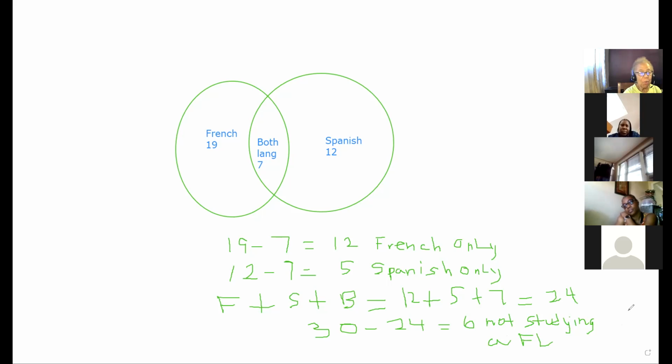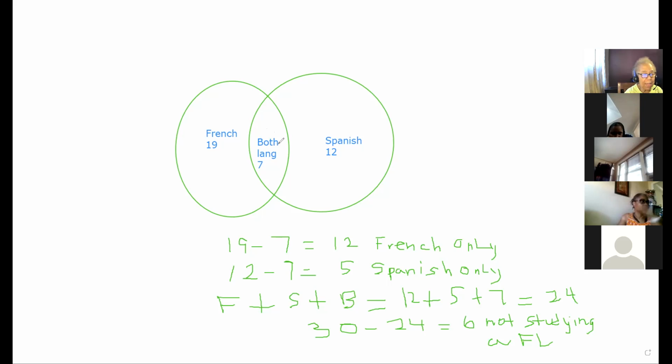So you could find out how many people are not studying any language by finding how many are studying French only, how many are studying Spanish only, and how many are studying both. Because that French right here includes the both, just like the 12 includes both, because it's Spanish and French.